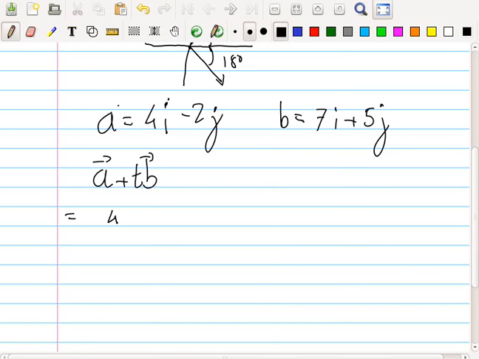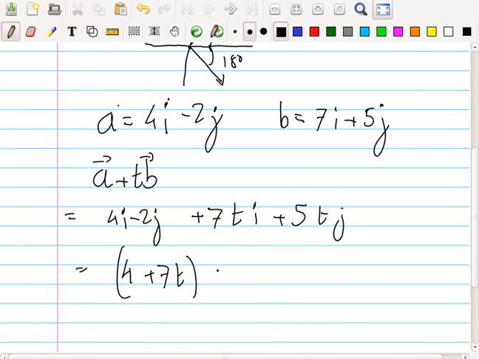So let's calculate this. A is 4i minus 2j, and tB is 7ti plus 5tj, which equals 4 plus 7t i plus minus 2 plus 5t j.